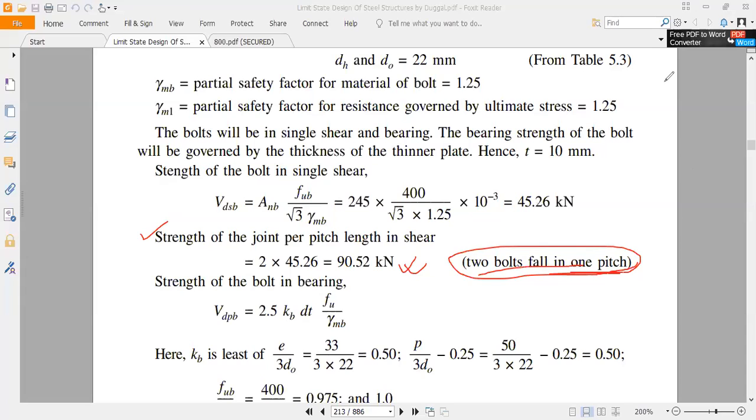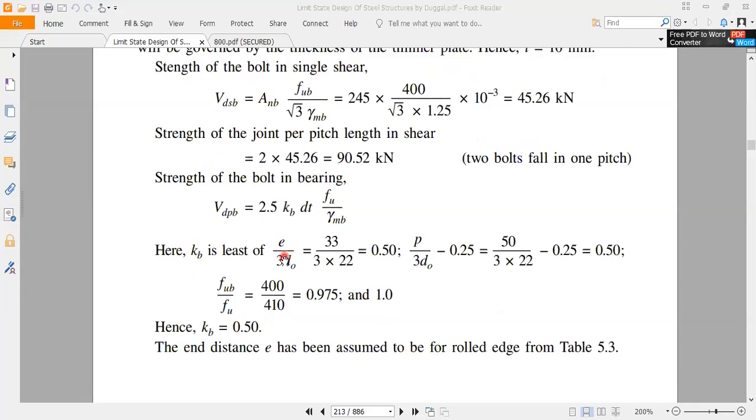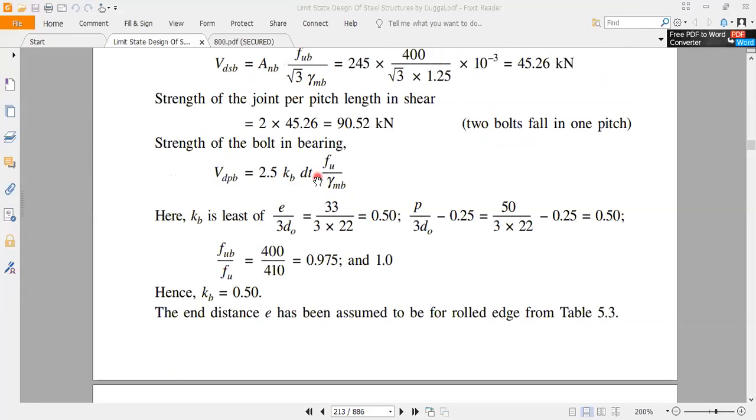Now, strength of this bolt in bearing, 2.5 kb into d into t into fu by gamma mb. Now kb is the least of these values, so e is equal to 1.5 into d0, as you have done in the previous numerical.